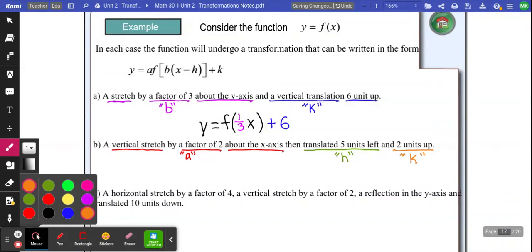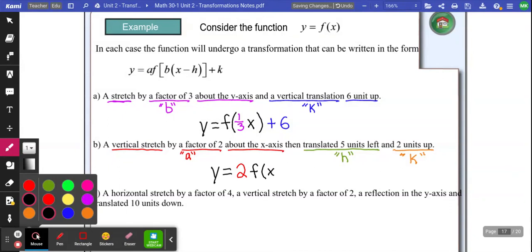When these things go into function notation, a actually goes in the way it looks. So this would be y equals 2 f. There was no b value, so there's no stretch.